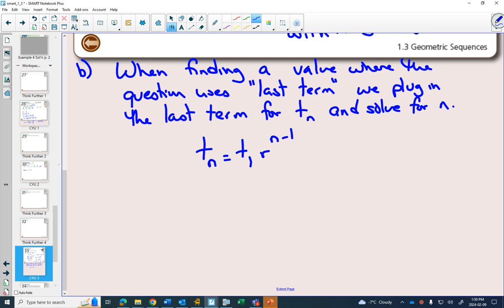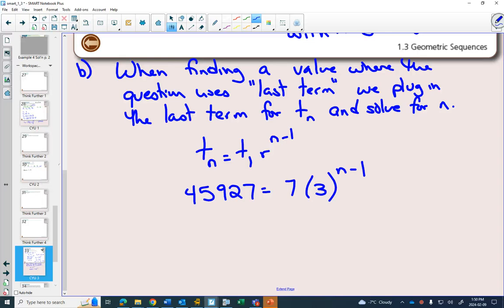And I plug in the 45,927 for Tn. I know term 1 was 7. And I could either use 3 or negative 3 for r. I'm going to use 3 just because it's a positive number. N minus 1.